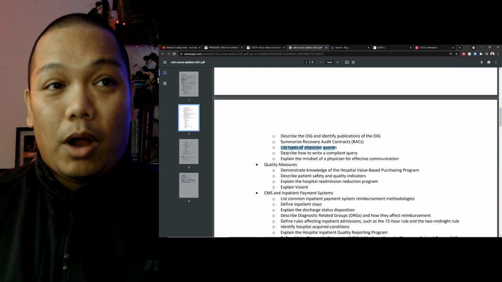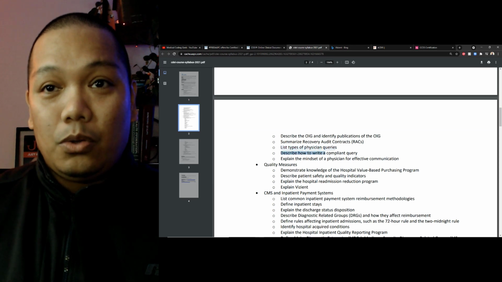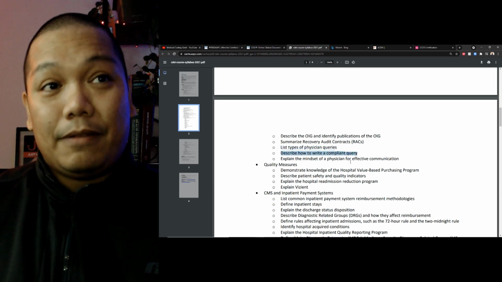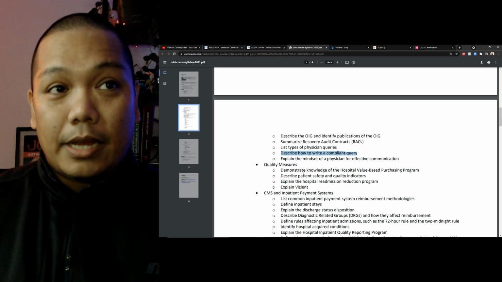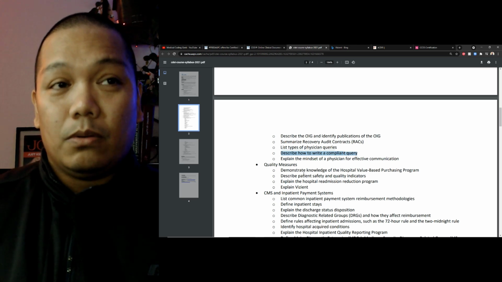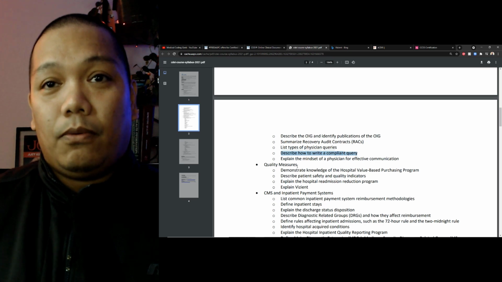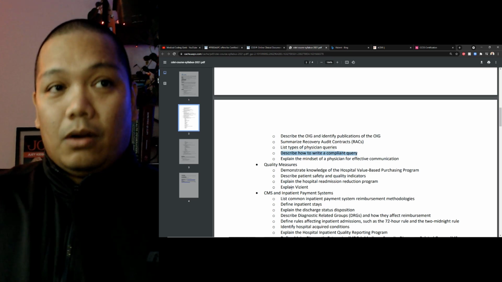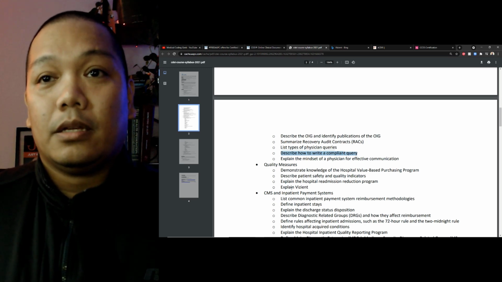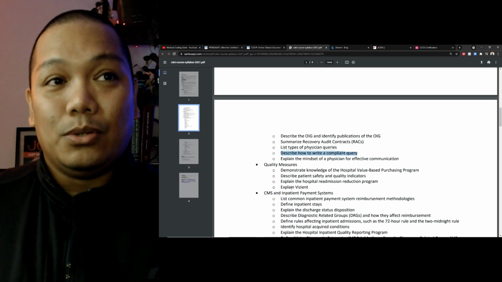Describe how to write a compliant query. And I know you probably might have to write a query on this exam. I believe so. I know that was discussed in the committee. So you have to write out a query, so be prepared on how to do that.